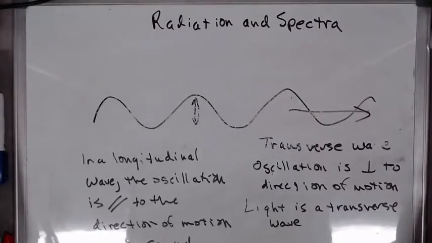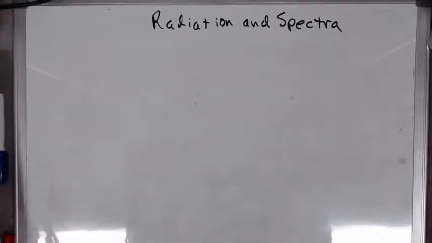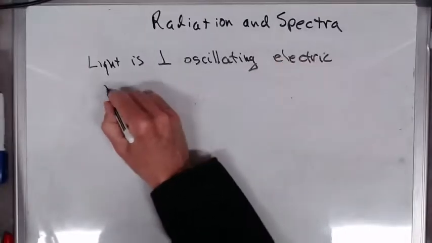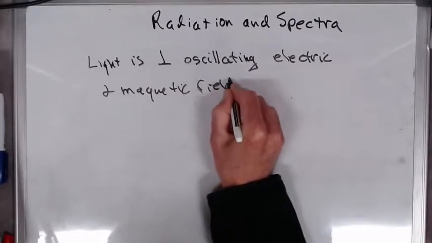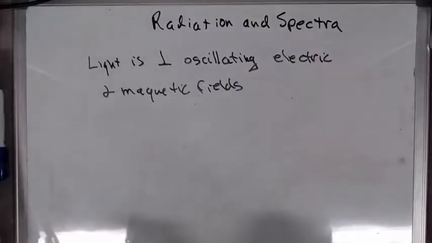Light is a transverse wave, and so light is perpendicular oscillating electric and magnetic fields. You can draw the electric field this way. Just draw a wave. That wasn't very good, but you get the idea.